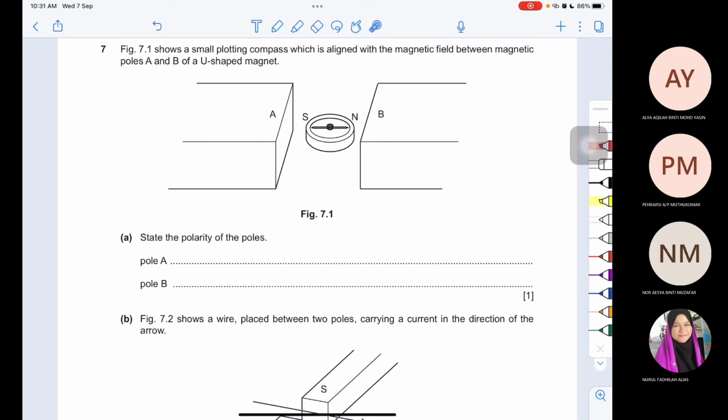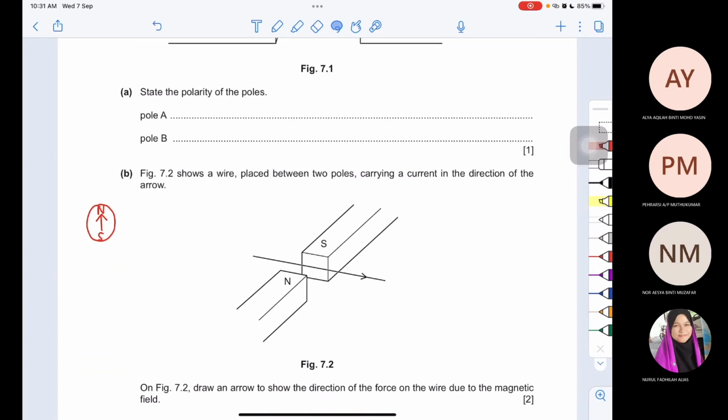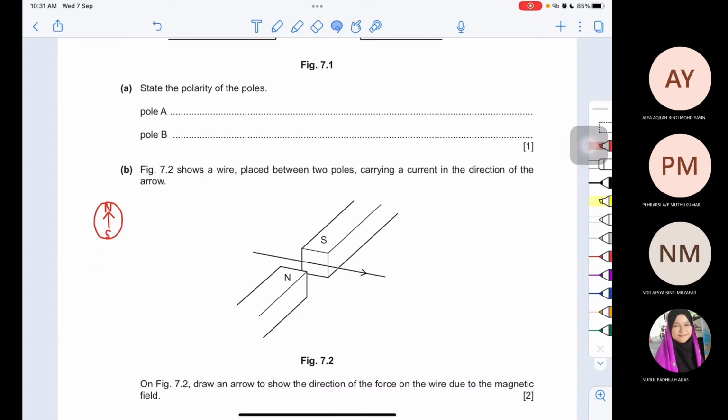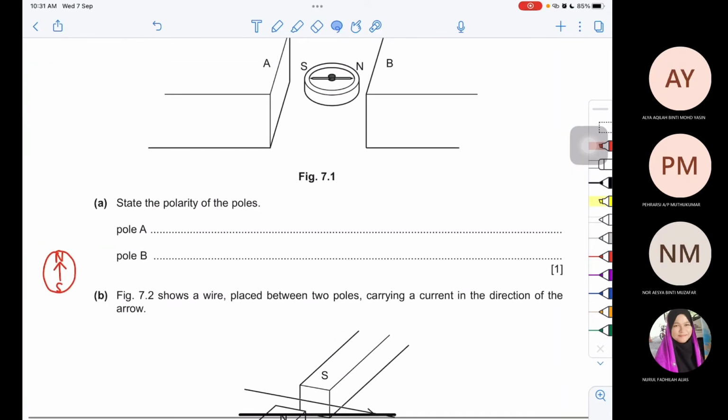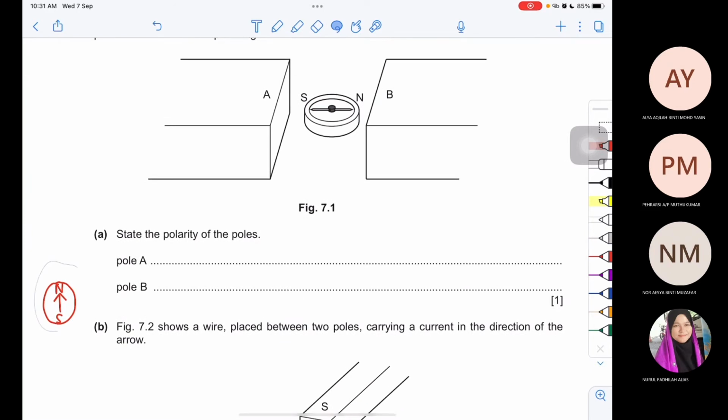You have to know, I already gave this the other day. The compass itself always points north. If we have only a compass and place it anywhere, it will always point north. But now the compass is placed in between the magnets, like this. So will it point to the north as well?